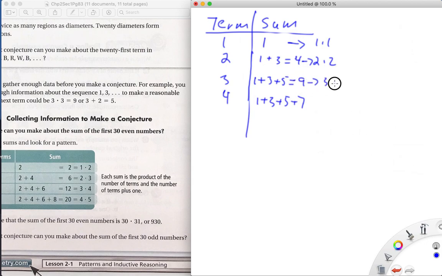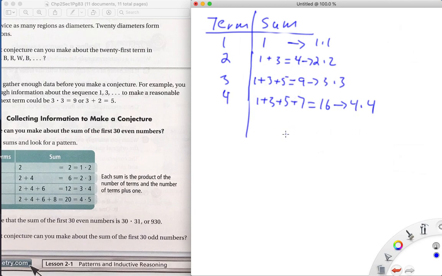That would be 3 times 3. And then 9 plus 7 is 16. That would be 4 times 4. And the reason why I get this number is I'm starting this with the n term.